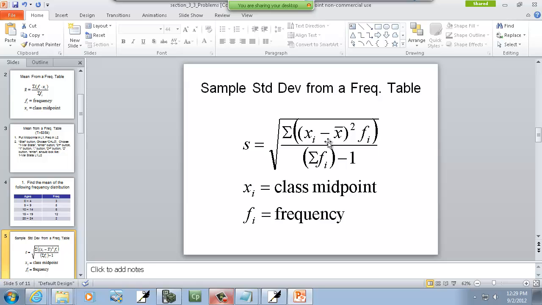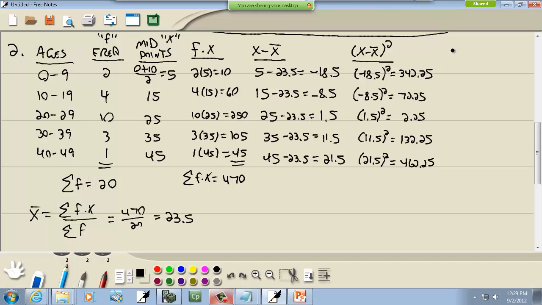Okay, last. We got it squared now, so now we're going to multiply times f. This is x minus x bar squared times f. So we'll take 342.25 times f, which is 2. And we'll take 72.25 times f, which is 4.